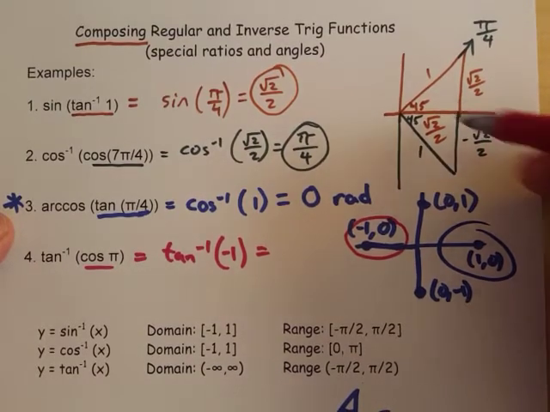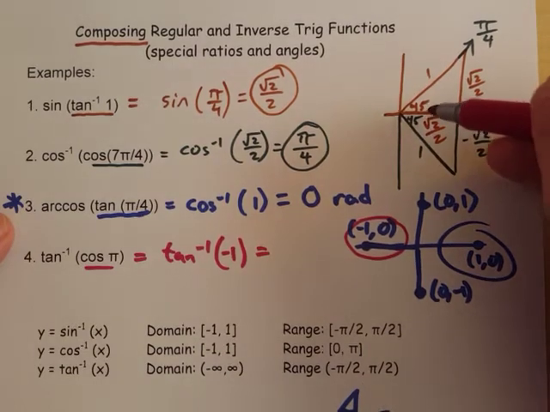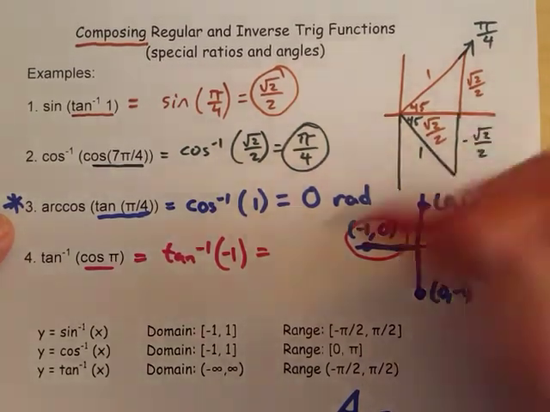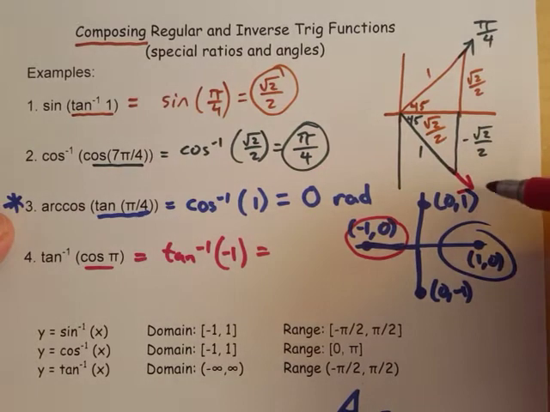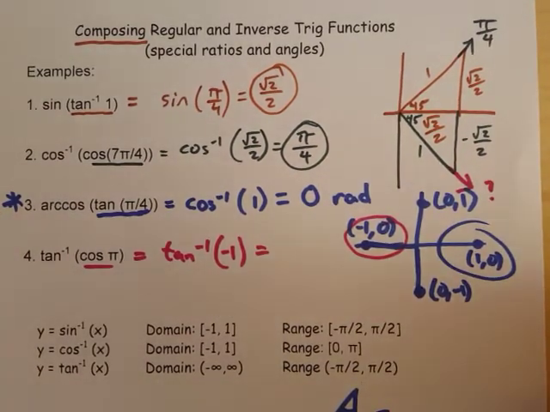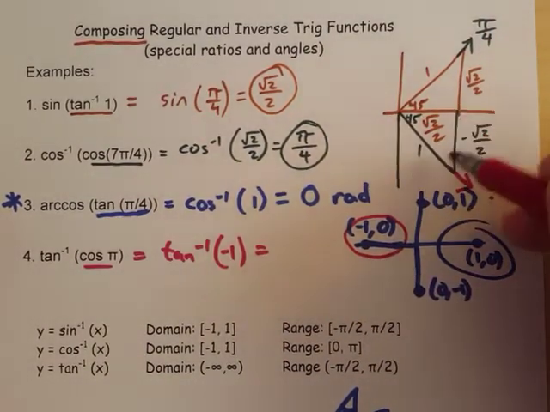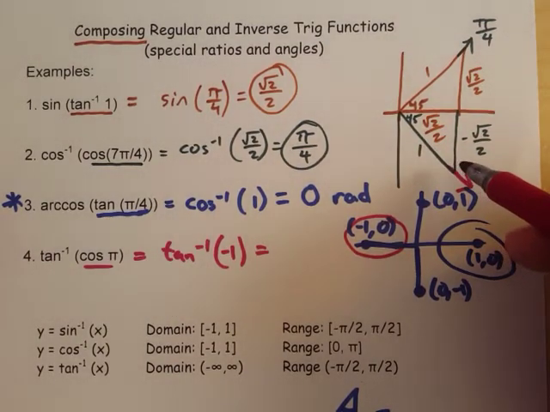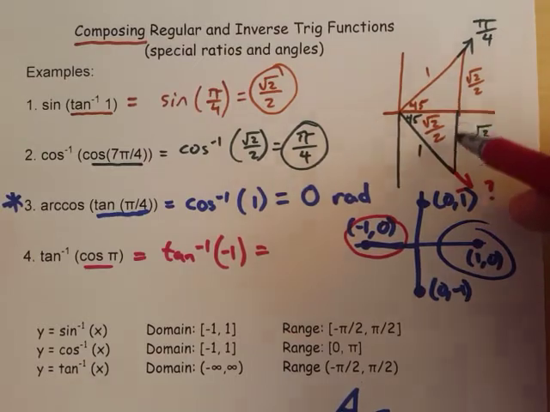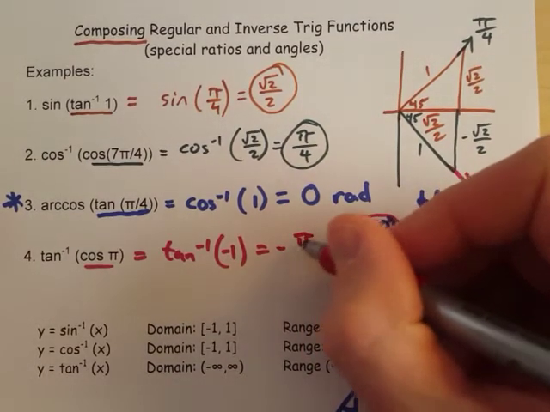So this must be the right placement for it because negative square root of 2 over 2 divided by square root of 2 over 2 is -1. And so that angle is what we're looking for. So we're thinking about what is that angle? Well, remember we have to back into the fourth quadrant. So you might be tempted to say 7 pi over 4, and you'd be close, but we're backing into that quadrant instead. So if you back in, you go -45, that's the same thing as negative pi over 4.